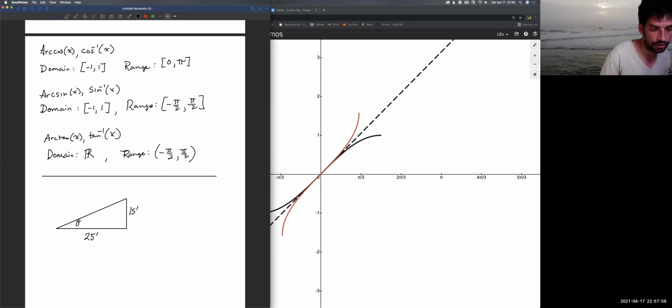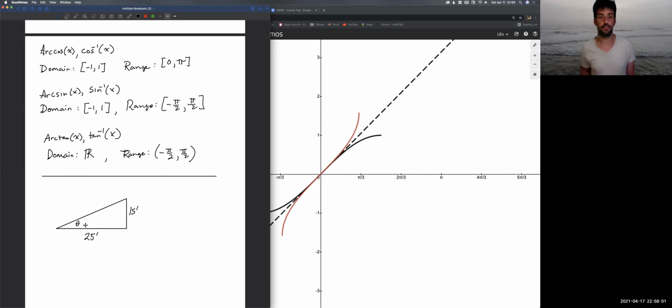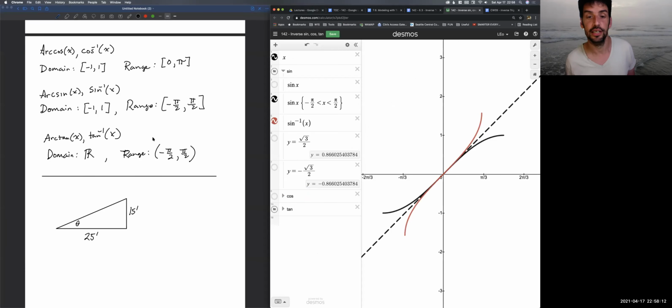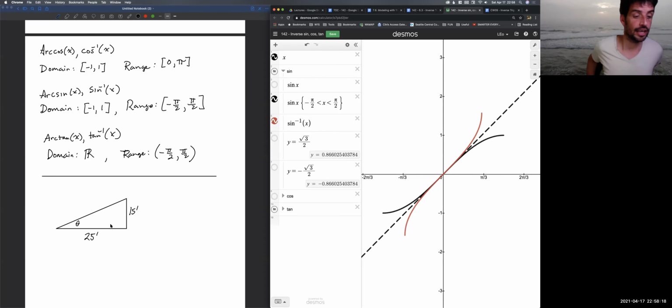And we were curious what our angle of elevation is as we look from our feet up to the top of that pole. Maybe we were setting up a camera or a light to light a flag at the top of that pole. That's a good excuse for why we would want to do this. And so we want to know what this angle is.